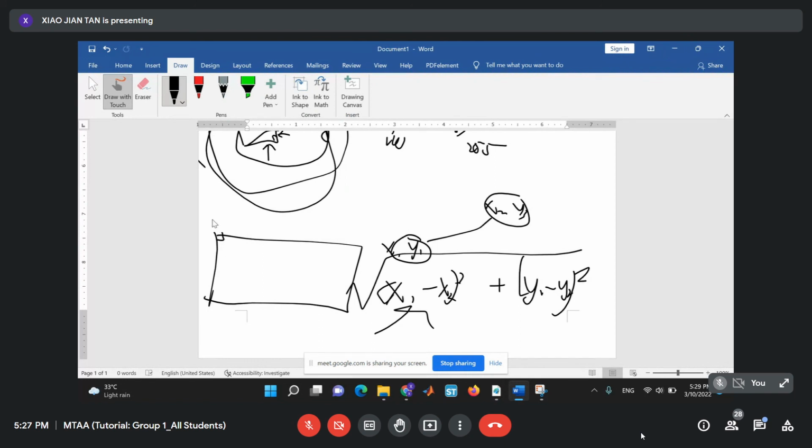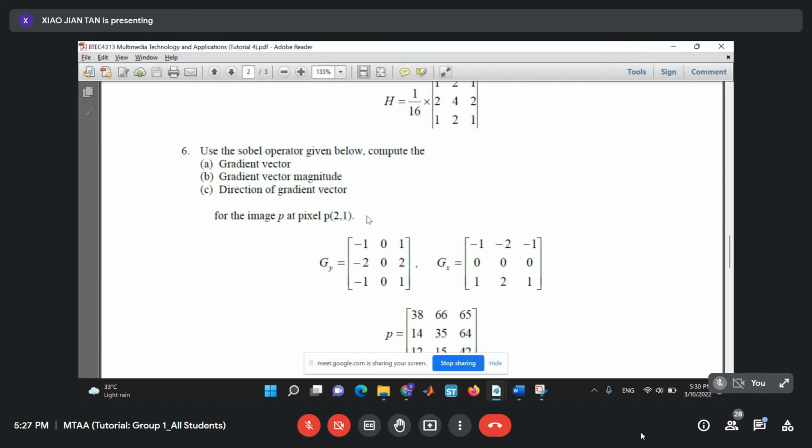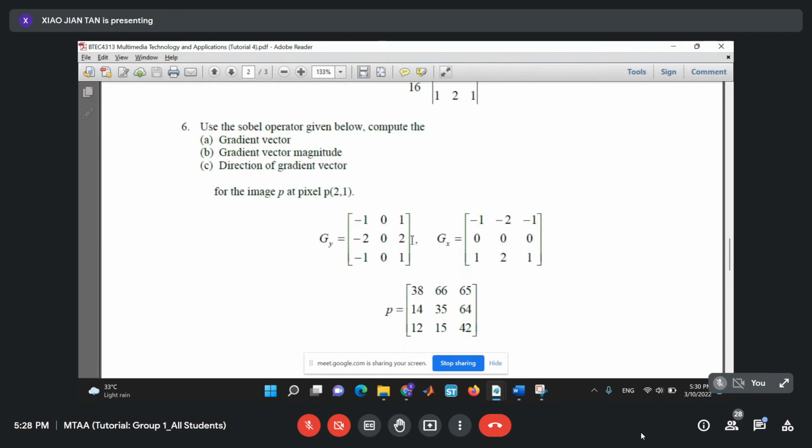The Sobel operator will be doing this block by block until you finish the entire image. From that point onwards, you will know that the magnitude and the direction are very important to trace the edge. Okay, so this is the idea, but we are not able to do everything in one examination question.